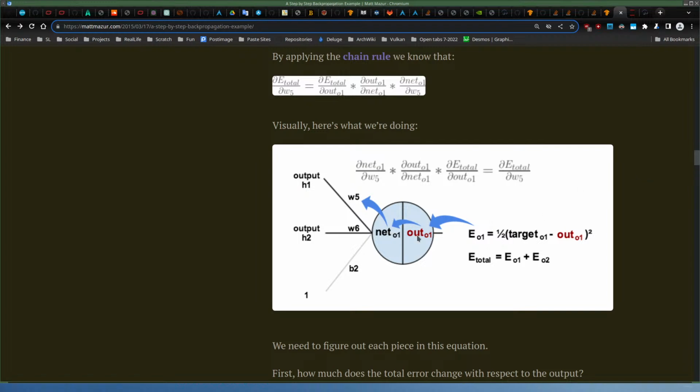This is pre and post activation. Okay. O1 is the neuron, the output neuron. So out O1 is the output of the output neuron, and net O1 is the input of the output neuron.